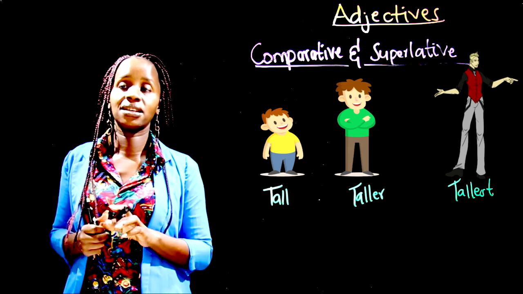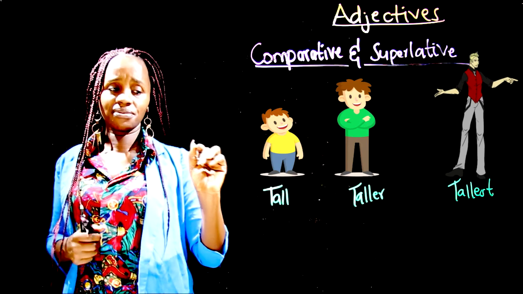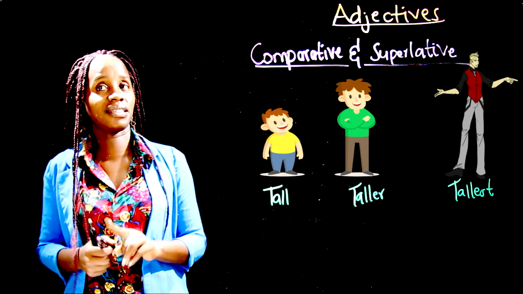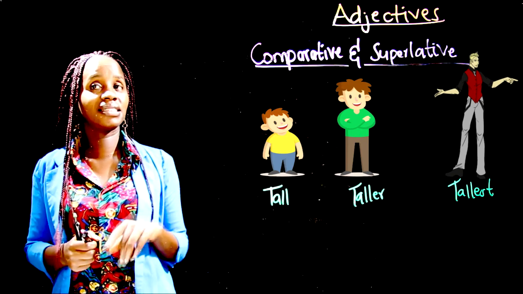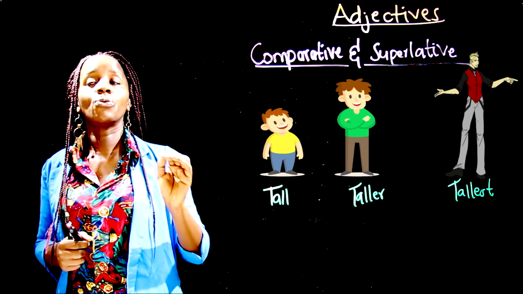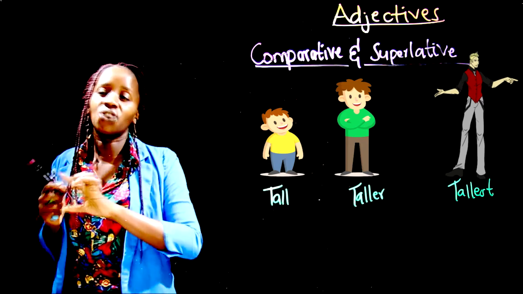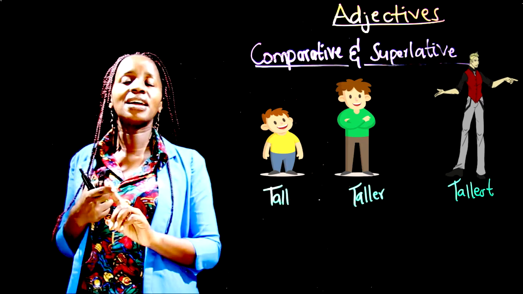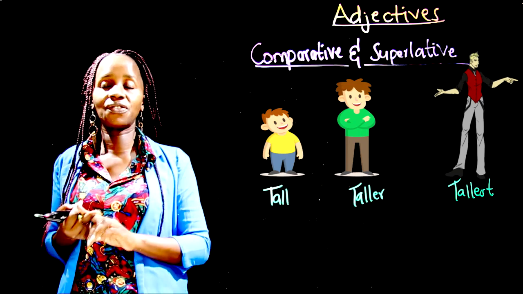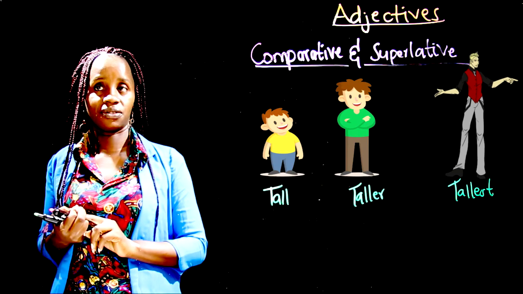But my dear one, you will need to remember that this only applies to regular adjectives. So we will look into that later, but for now we will look at the regular adjectives, which are the ones that follow the common rule of adding the suffix er to the comparative and adding the suffix est to the superlative.